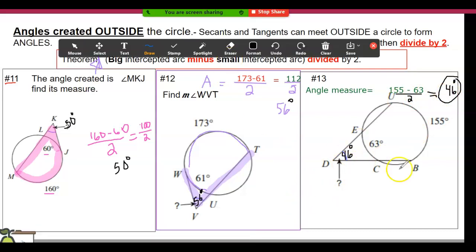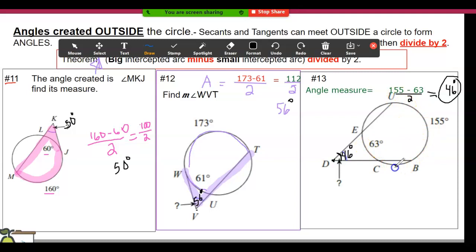Good job. So what we learned was when you have two lines, well, these are two secants, right, intersecting outside. This was a tangent and a secant intersecting outside. So whenever you have two lines intersecting outside the circle and they make an angle, to find the measure of the angle, just subtract the larger arc minus the smaller arc, the intercepted arcs.